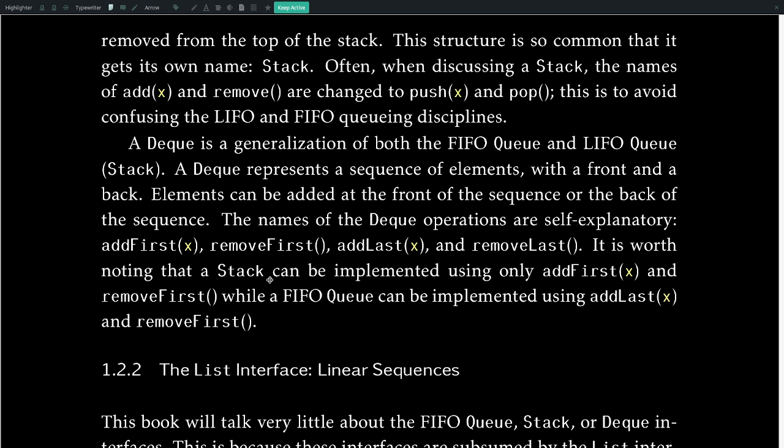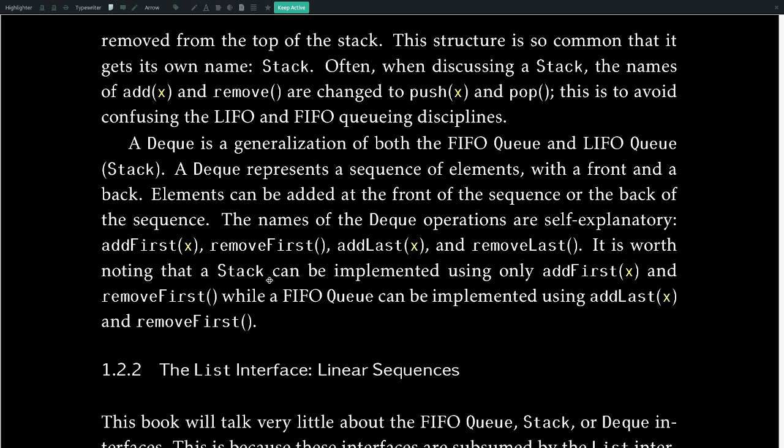A stack can be implemented using only add first and remove first, while a FIFO queue can be implemented using add last and remove first. FIFO queue is first in, first out. Okay, that makes sense. You add the last thing, which happens to be the new thing. FIFO is first in, first out.